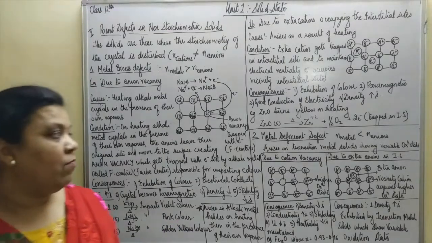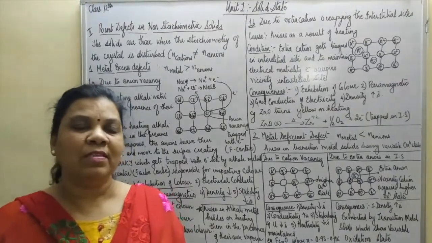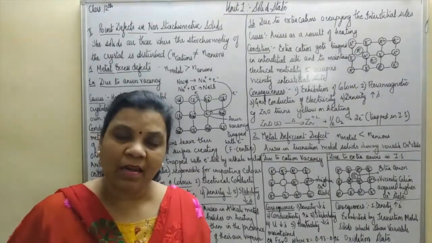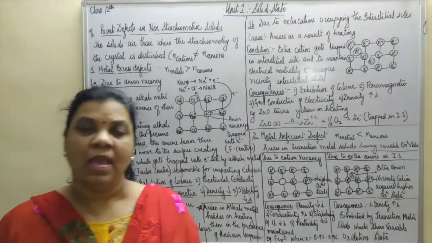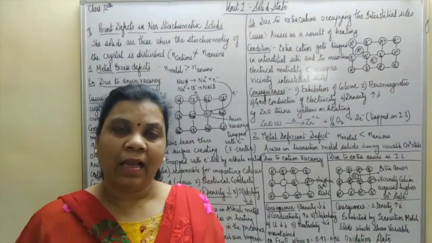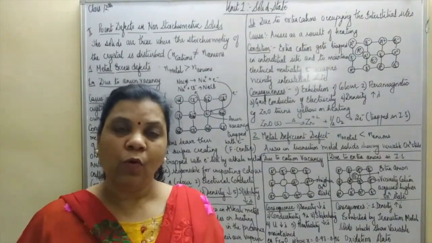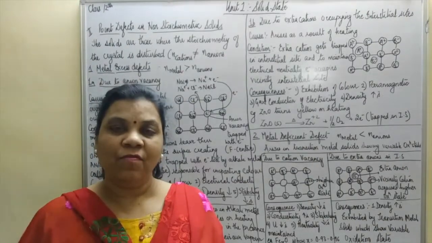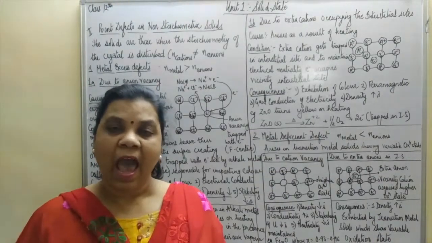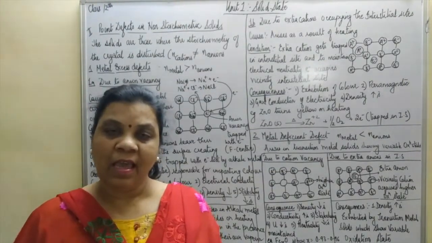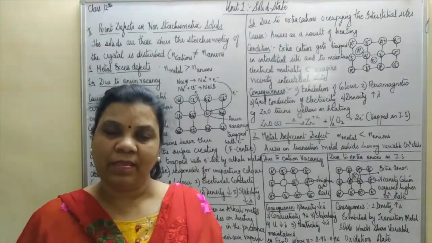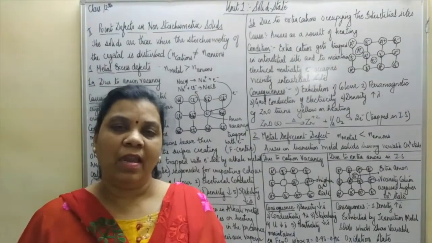So in this type of defect, let me again brief how this defect arises. When the alkali metal solids are heated in the presence of their own vapors, then what will happen? The alkali metal vapors will tend to lose the electrons. Now an ion from the lattice will leave its original site and move to the surface and will develop an anion vacancy, and the electron which is lost by the alkali metal vapors gets trapped into the anion vacancy.